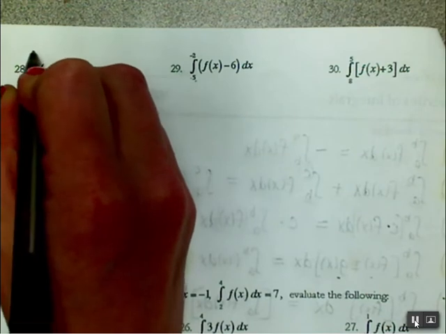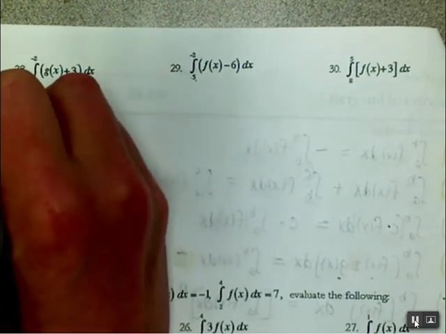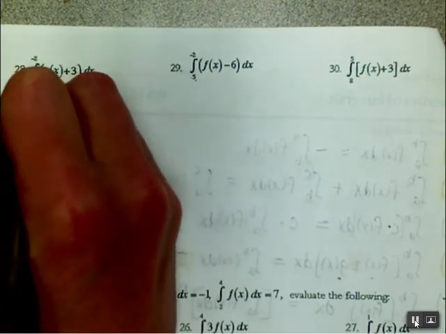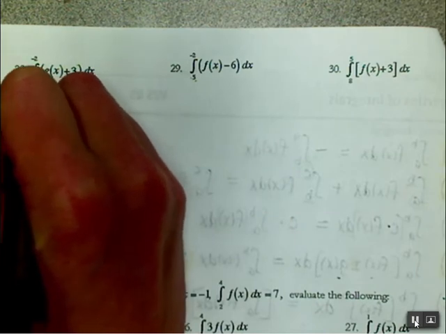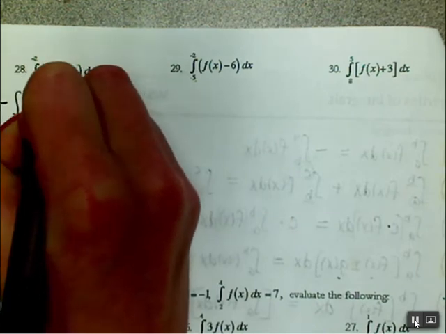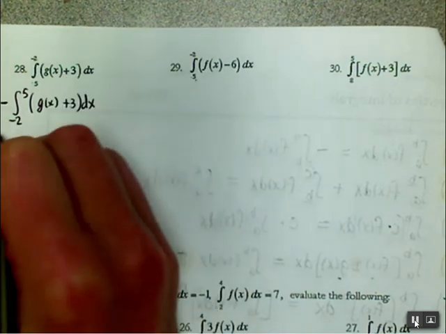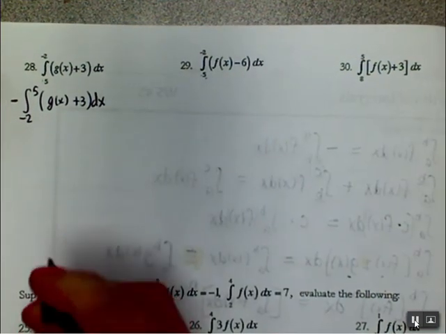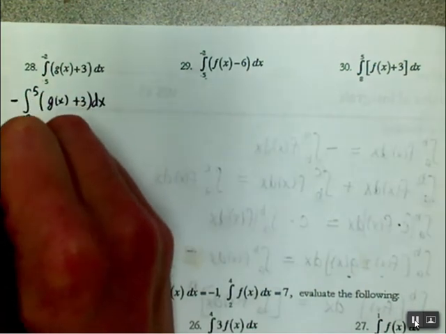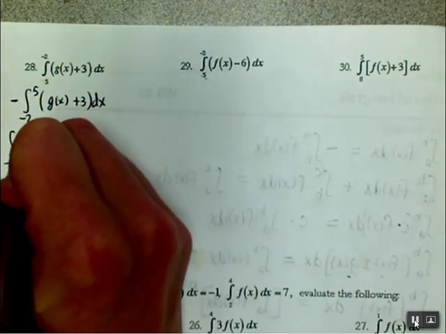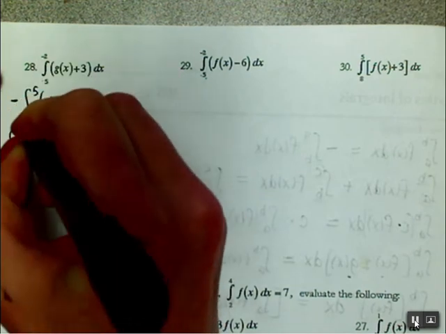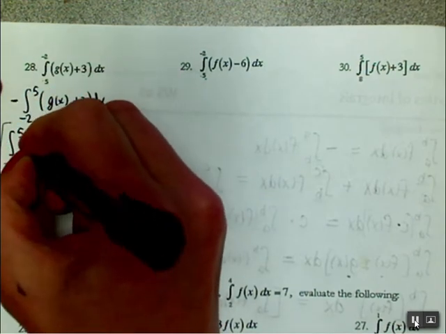I notice that the order is backwards, and so the first thing we're going to do is switch the order. Now I'm going to separate it. Be careful to leave the negative in front of both integrals.